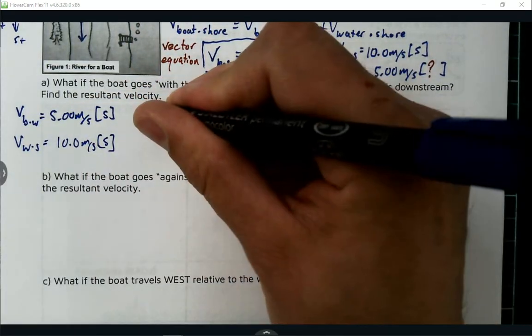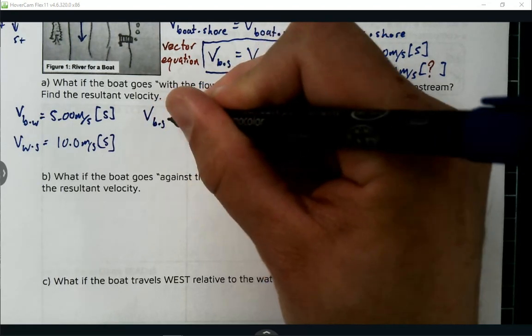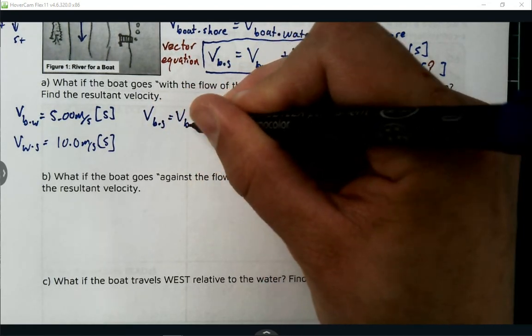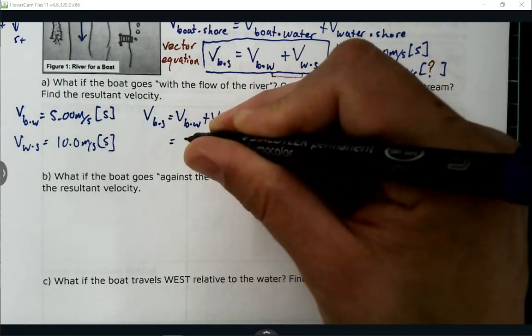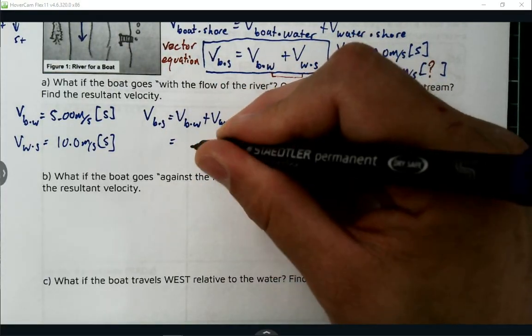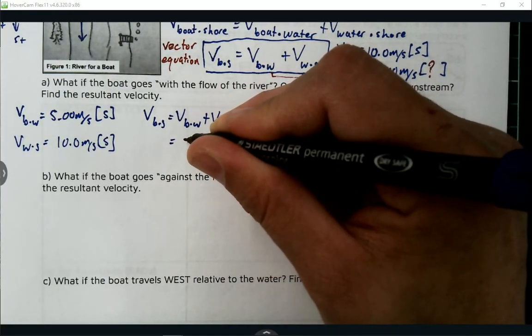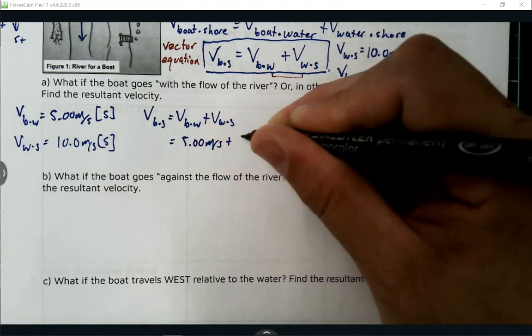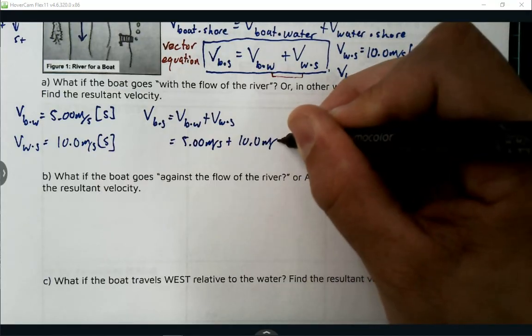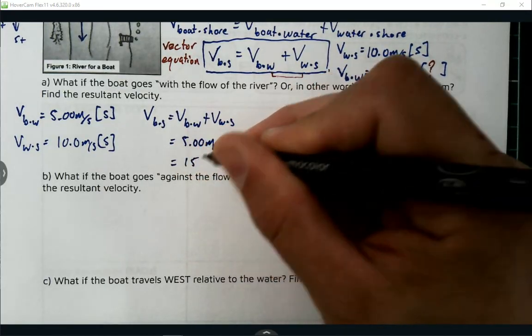And if I want to answer the question, I'm going to start off by using my vector equation, VBS equals VBW plus VWS. And I'll just start subbing in my values. Hey, south is positive. We said that in our reference frame up above. So we can say 5.00 meters per second plus 10.0 meters per second, 15 point, oh shoot.